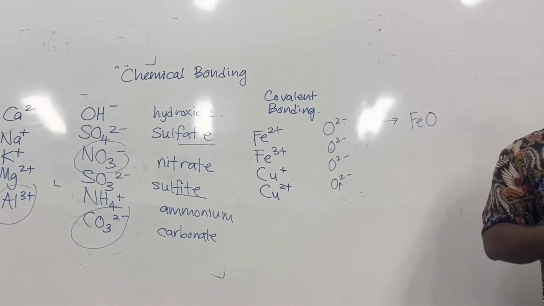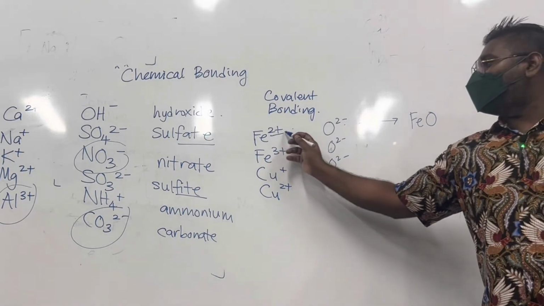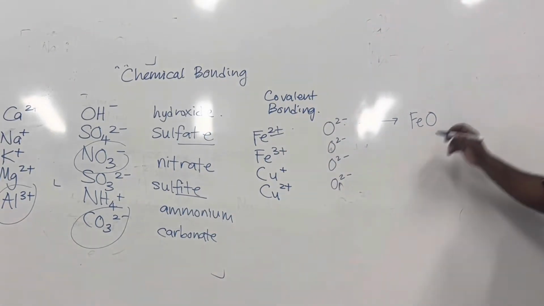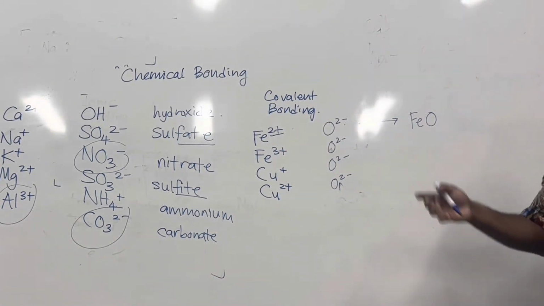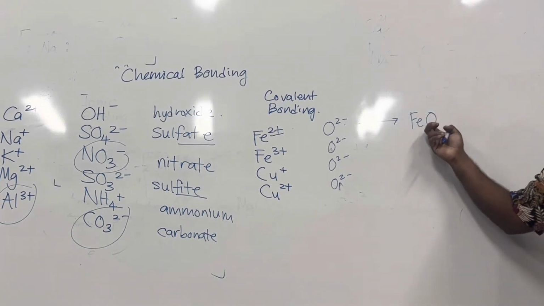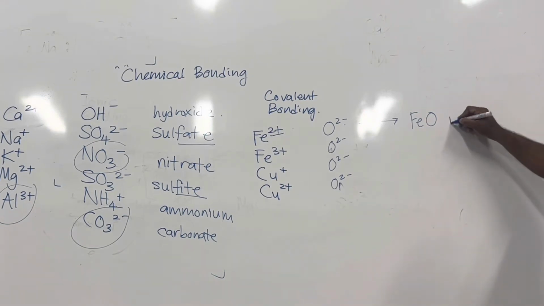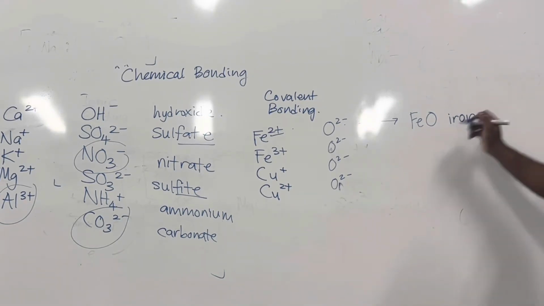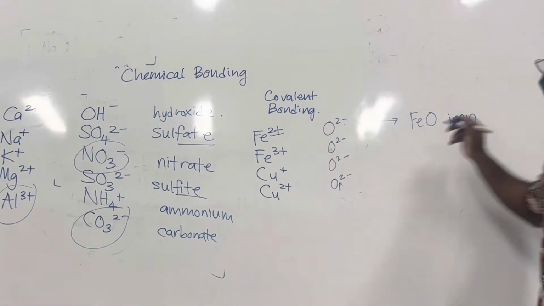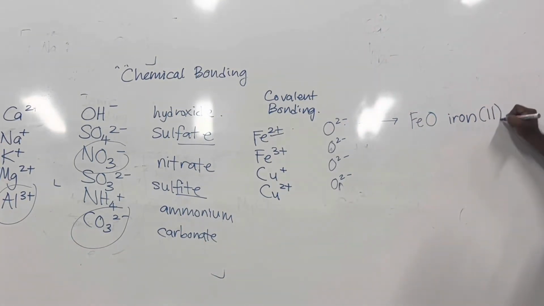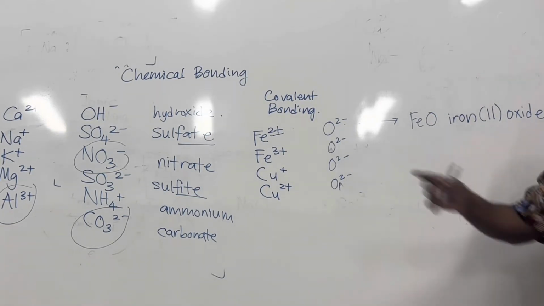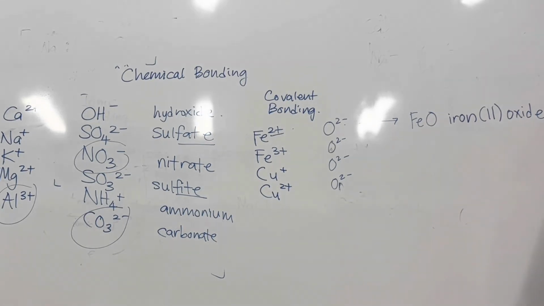Rather than saying this is iron oxide, because iron has two forms, you must mention that this is iron(II) oxide. You must show the bracket 2 to show that it is Fe2+.